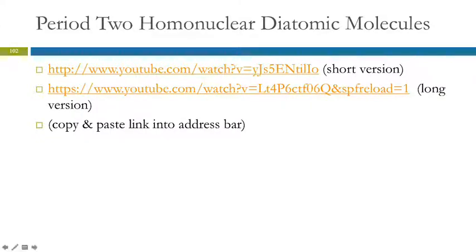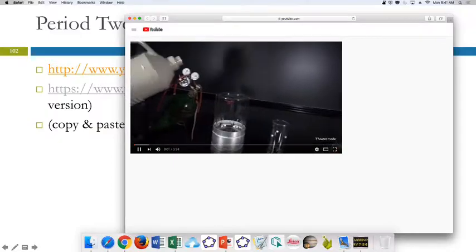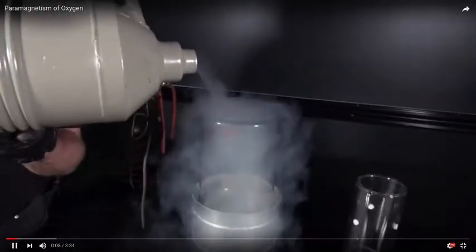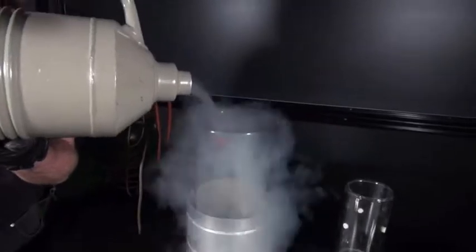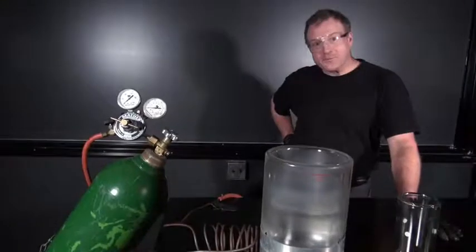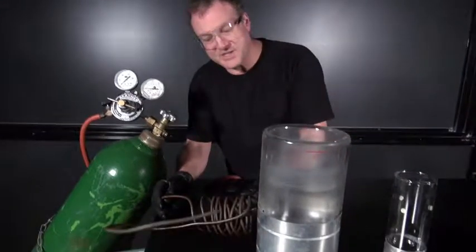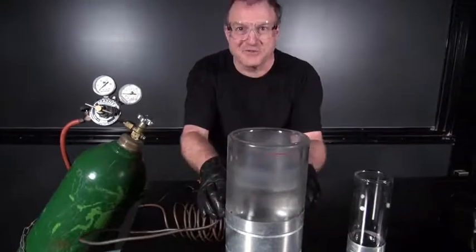Let's watch the long version. So this is looking at paramagnetism. So we're going to take this oxygen gas, pass it through this copper coil that's immersed in liquid nitrogen.